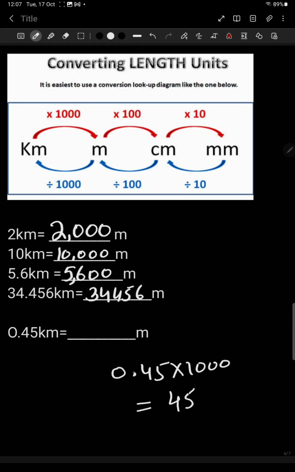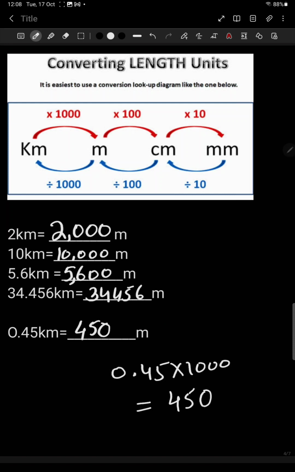It has moved 1 place, 2 places, and we need one other place, so we will put a 0 to fill up the space. So it will be 450 now. This decimal will be removed because it has moved, and the 0 at the start has no value. So it is 450. So the answer will be 450 meters.